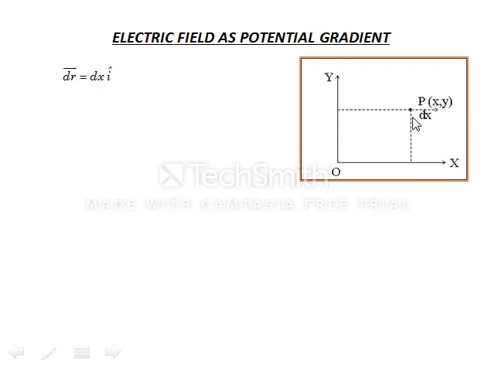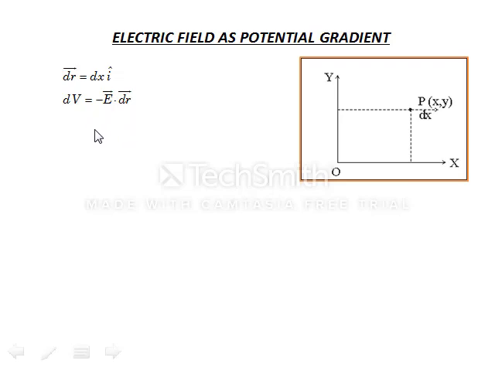Now if we are moving in this direction, we will also observe some change in potential dV. We know the basic formula for dV. dV is minus E dot dr. Let us write it down.